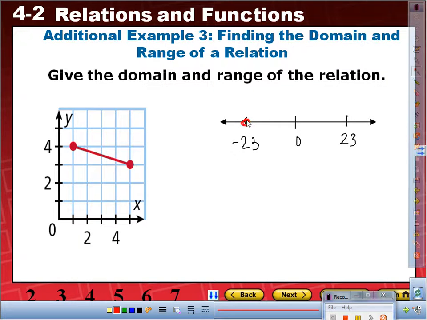And it included negative 23 and everything to the right. And it included 23 and everything to the left. We know that this is an AND. Is that correct? All right.